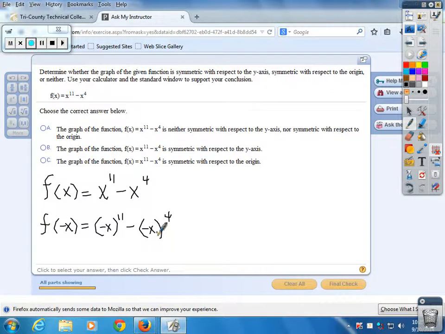Now if I raise negative x to the 11th power, what am I going to get? Negative x to the 11th power. In other words, that doesn't change to a positive. But what do I get here? Positive x to the 4th.